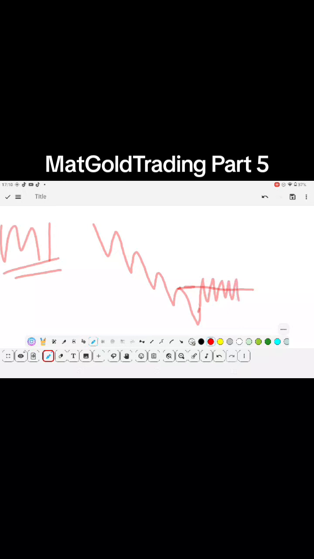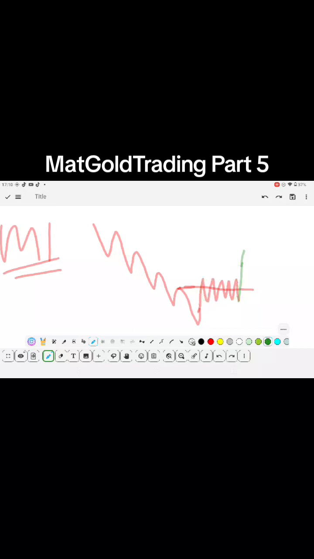But there will be a range, and after that range, what's going to happen then is you'll see a big candle that moves up like this. Quite a strong candle compared to these candles that are in this range. You'll somewhat see that this big man just moved this market.